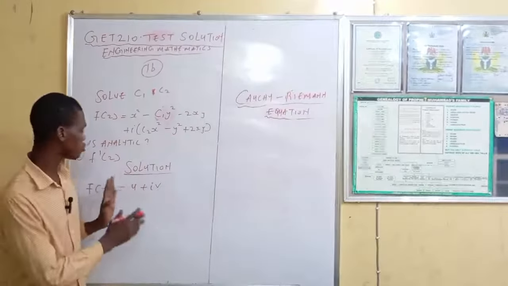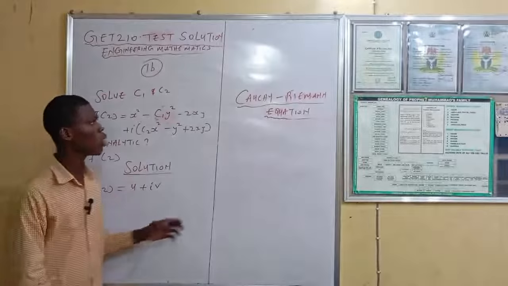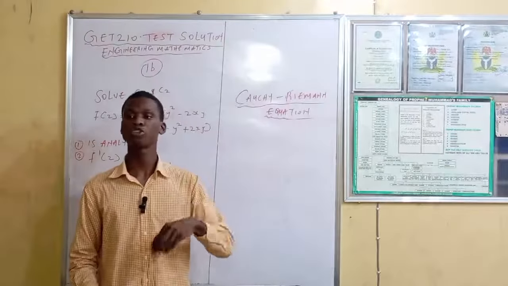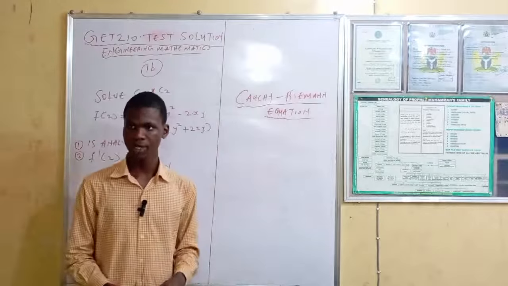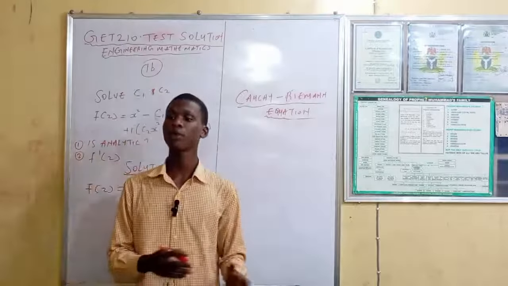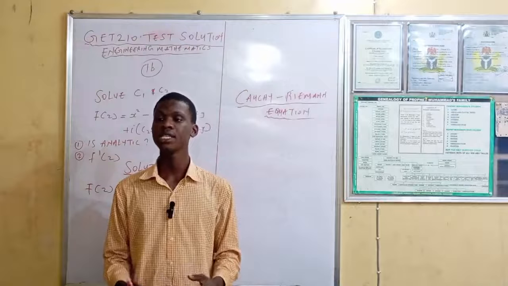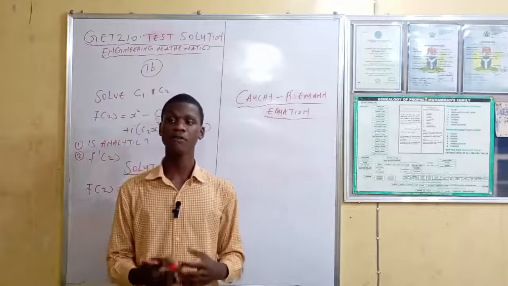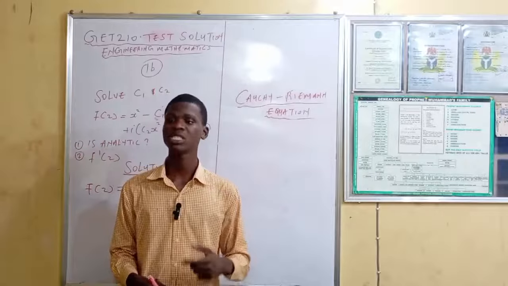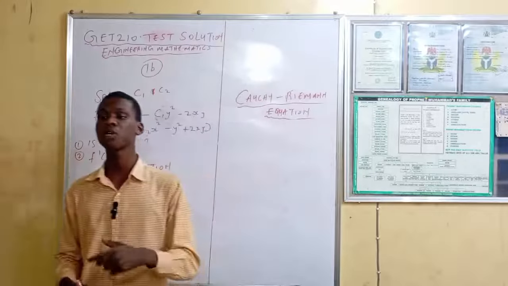But before going through this process, what do the Cauchy-Riemann equations mean? In Cauchy-Riemann, what we are using is complex numbers. We will be given a function expressed in terms of a complex number.